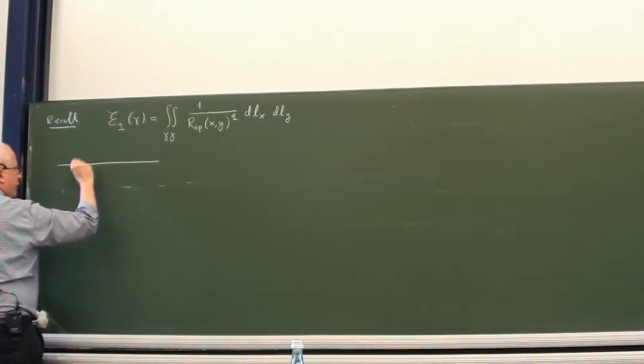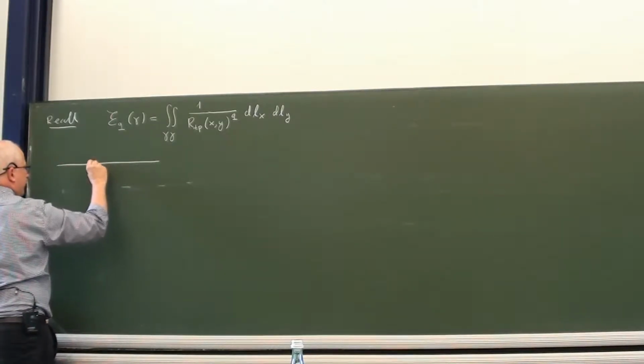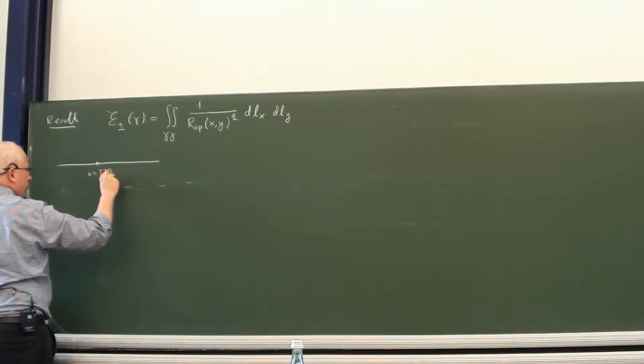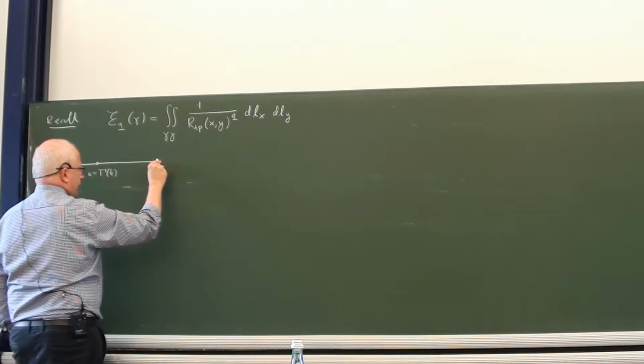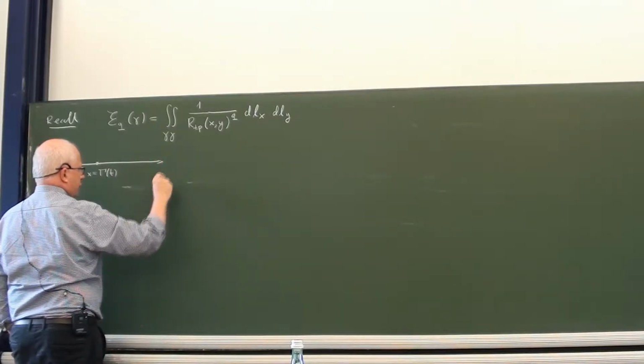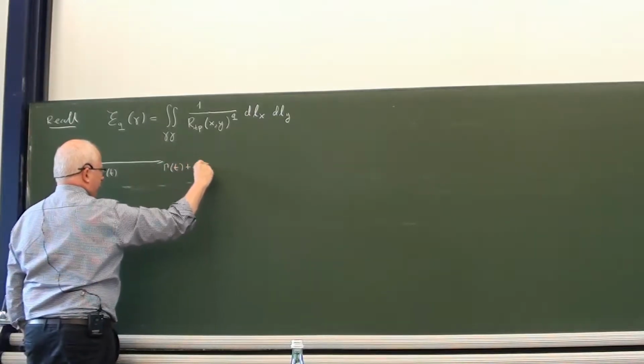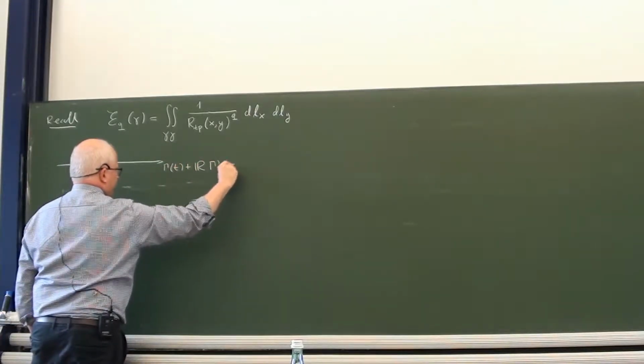the formula for R_TP is the following. You have two points on the curve, x equal to gamma of t. This is the direction of the tangent, so this is the line gamma of t plus the real line times gamma prime of t.